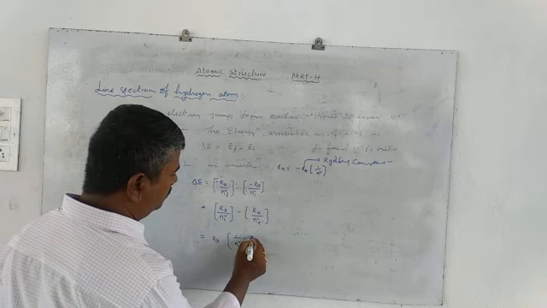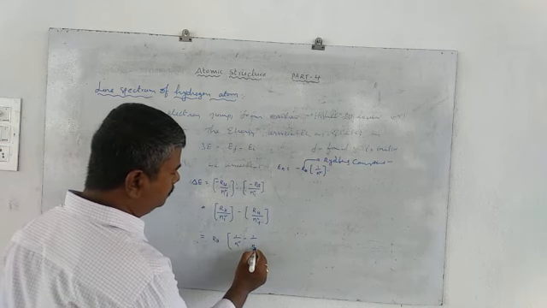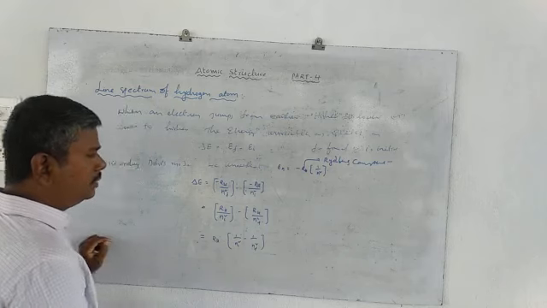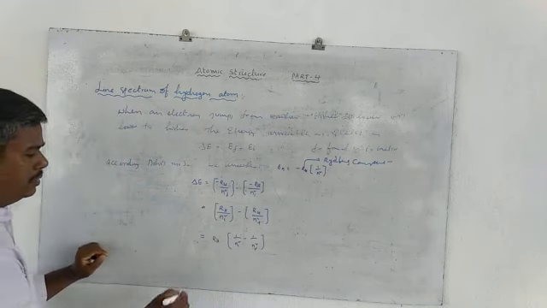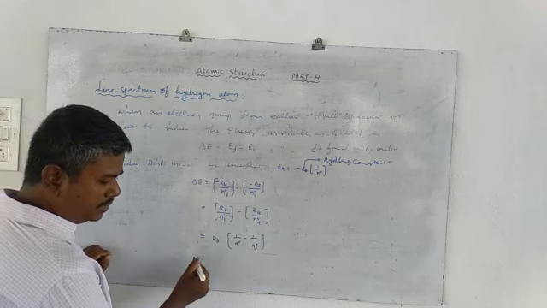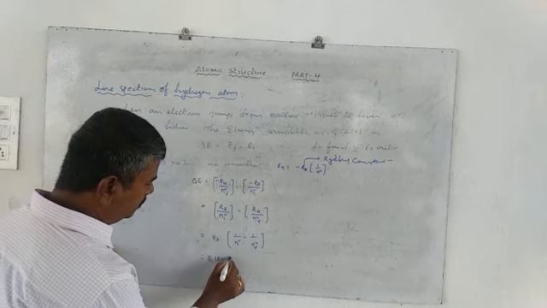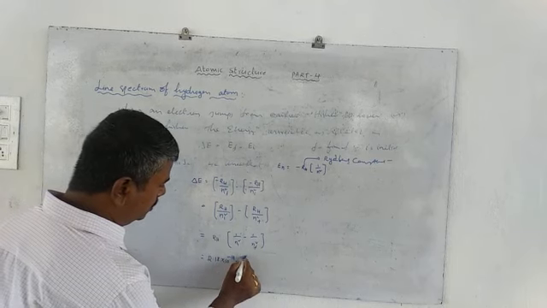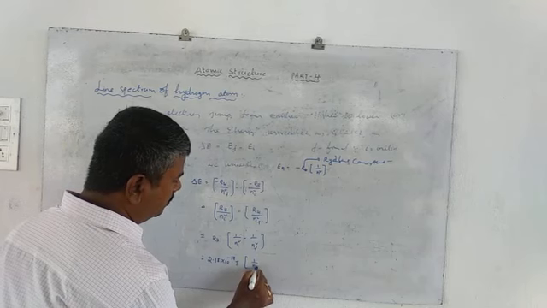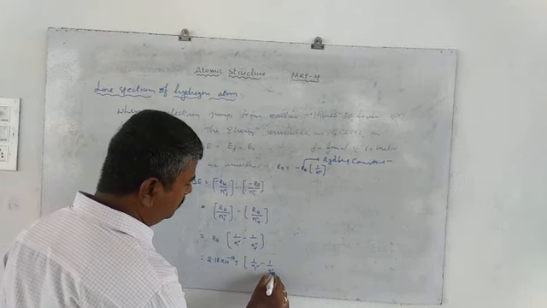That Rydberg constant value is which one? We know that 2.18 into 10 to the power of minus 18 joule into 1 by N1 square minus 1 by N2 square.